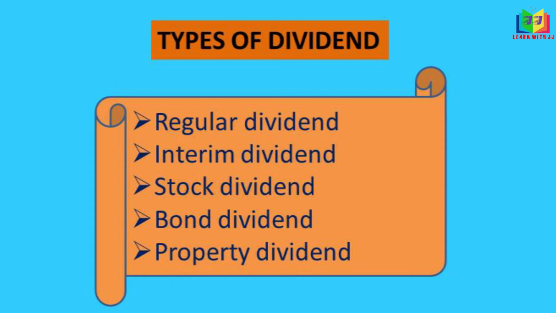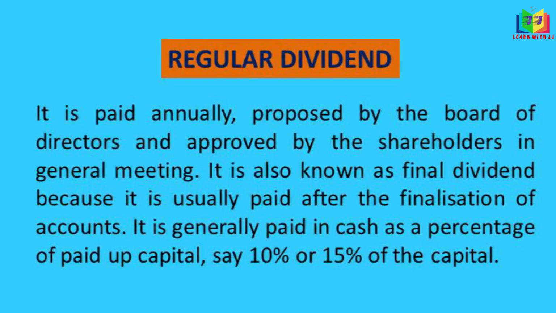Now we'll see the regular dividend. From the name itself, it is clear that it is paid regularly. This regular dividend is paid annually, and it is proposed by the board of directors and approved by the shareholders in the general meeting.